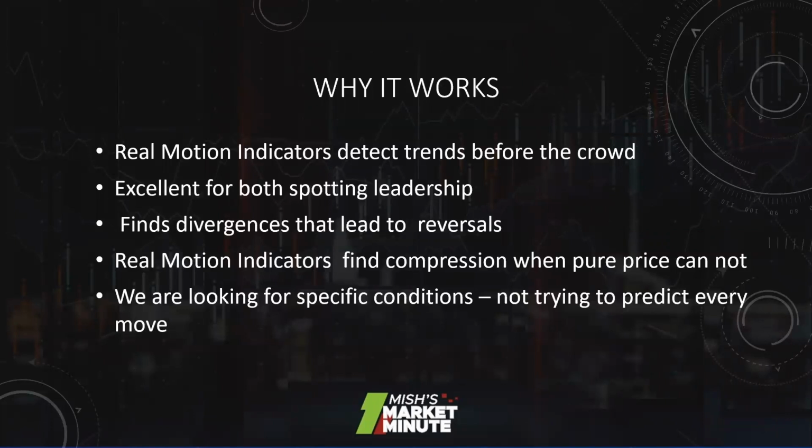Real motion indicators find compression when pure price can't, or when it's not obvious. It's also fantastic at finding mean reversions. So we're looking for specific conditions, and we're not trying to predict every move with this indicator.